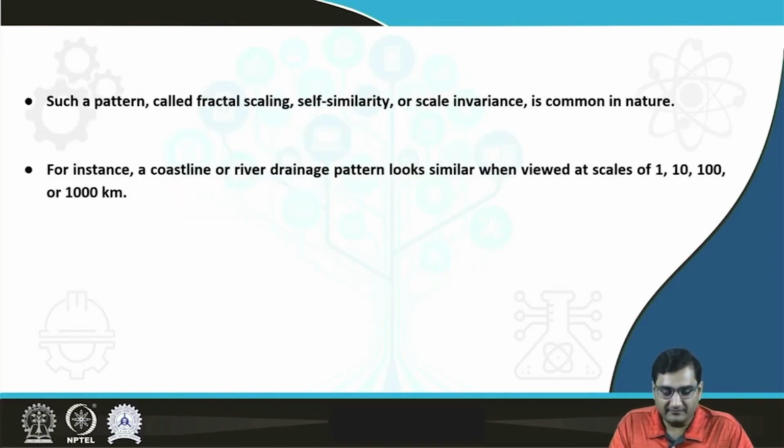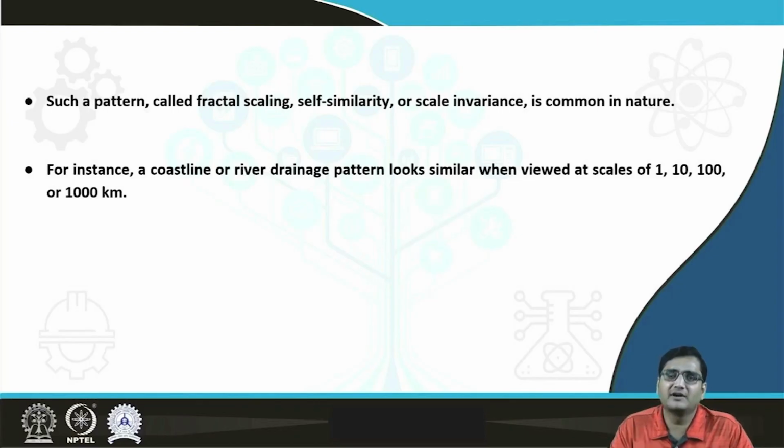Such a pattern, where the numbers of earthquakes are related by a factor, is known as fractal scaling, or self-similarity, or scale invariance. In nature you find such patterns, such as the coastline or the river drainage pattern, which look similar when viewed at a scale of 1, 10, 100 or 1000.